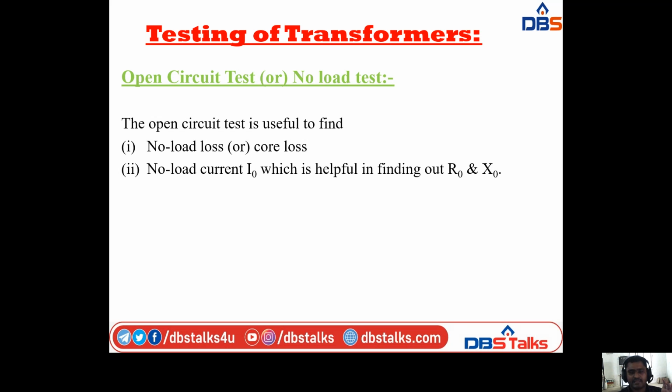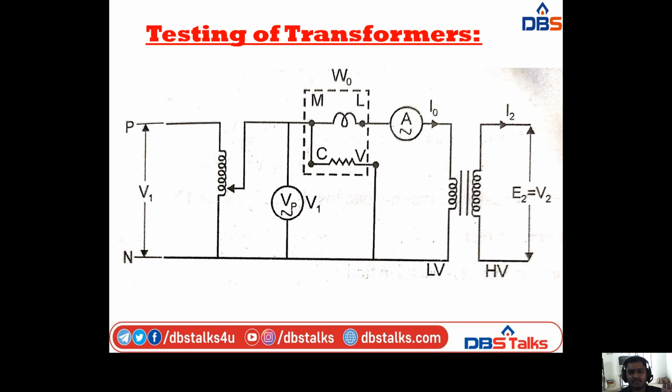Okay, and next I am showing the circuit diagram for testing of the transformer under the open circuit test. In this circuit diagram I am taking both primary and secondary windings with a magnetic core, and we have a voltmeter, wattmeter, and ammeter, the no load current I naught, the LV side and HV side, and V1.